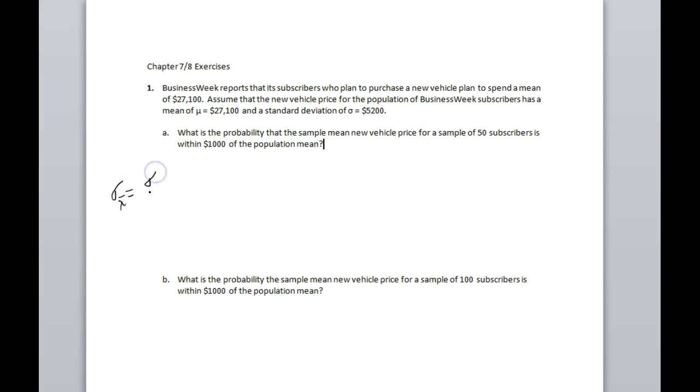We know from our formula that's just going to be sigma over the square root of n. Sigma is defined as 5,200, and n is the number in our sample, so square root of 50. That is equal to 735.39.